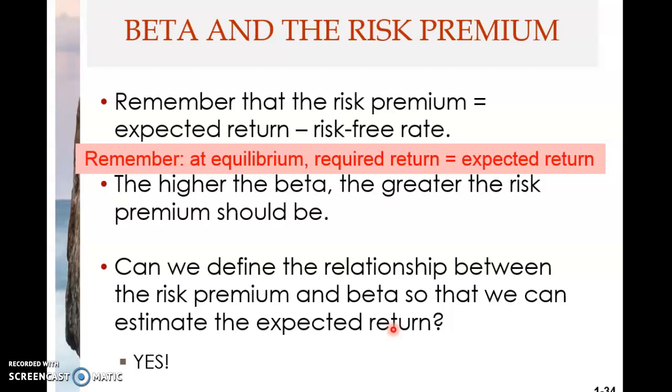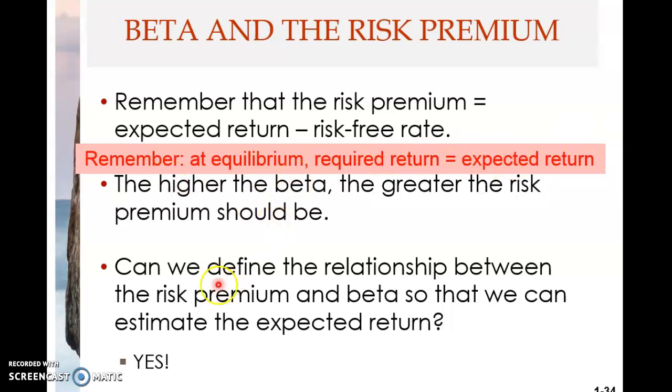At equilibrium, the required return must be equal to the expected return. So we assume that the market is at equilibrium, meaning the prices of the securities are correct, fair. Therefore, the required return must be equal to the expected return at equilibrium.